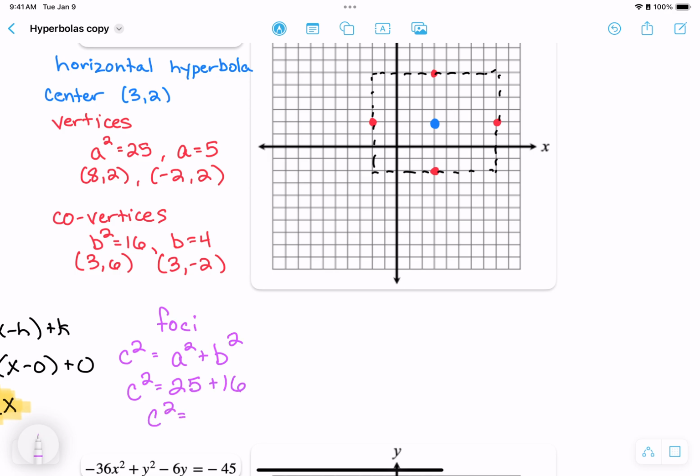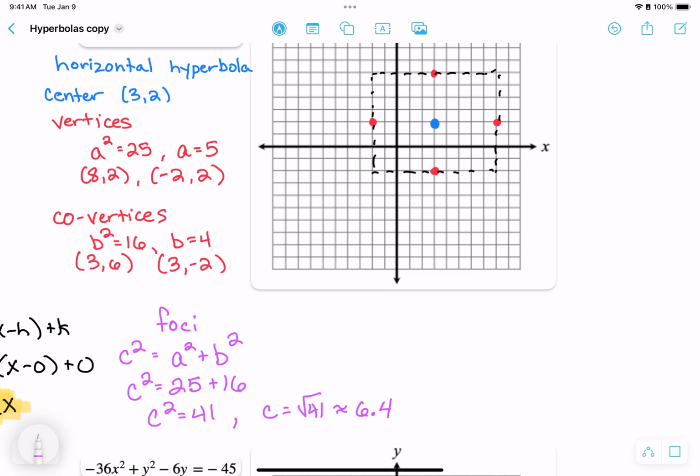So c squared is 41. That means c is the square root of 41, which is 6.5? 6.4, I think. 6.4, 6.5. Doesn't matter.